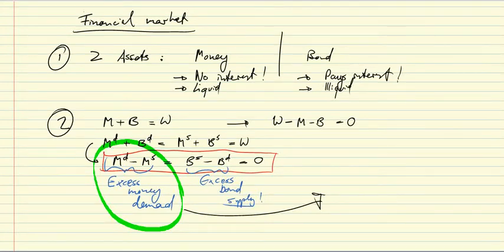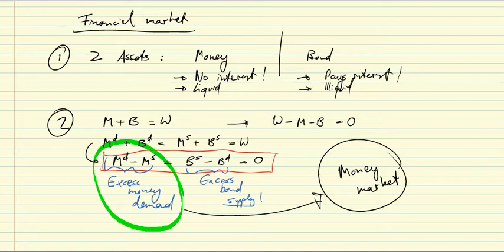We will look at the money market and put the money market on a diagram, and in discussing money demand and money supply, we will always implicitly discuss bond supply and bond demand.